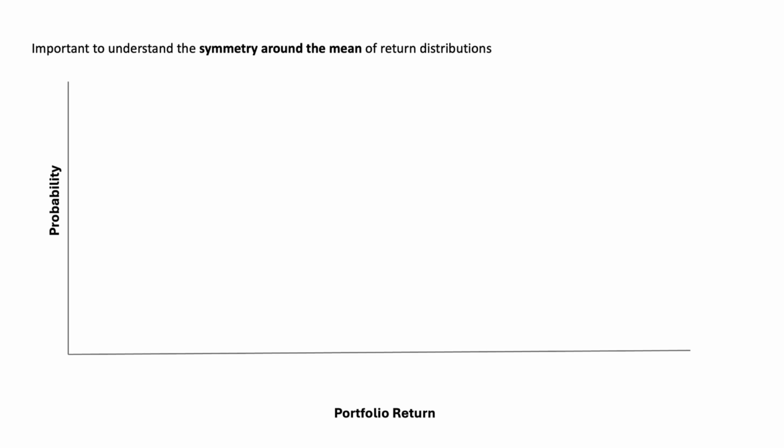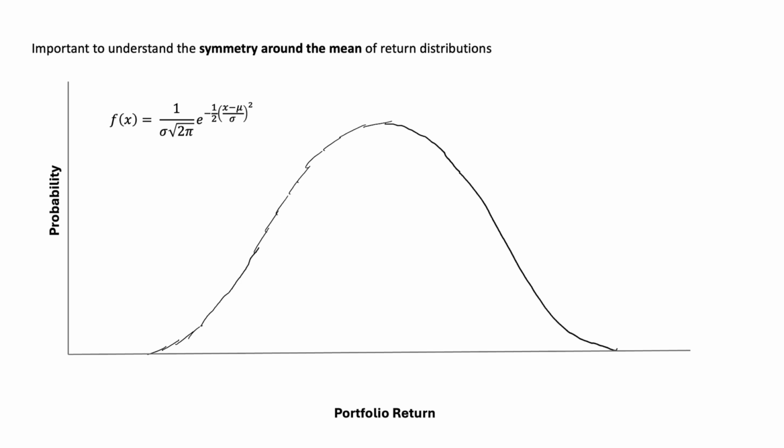And there's a function for this, and that function is somewhat complicated. It looks like that, where your sigma here is your standard deviation, and your x is your value, and your mu is your mean. And so the function, if you plot it, looks something like a typical bell curve. It comes to be something like that.